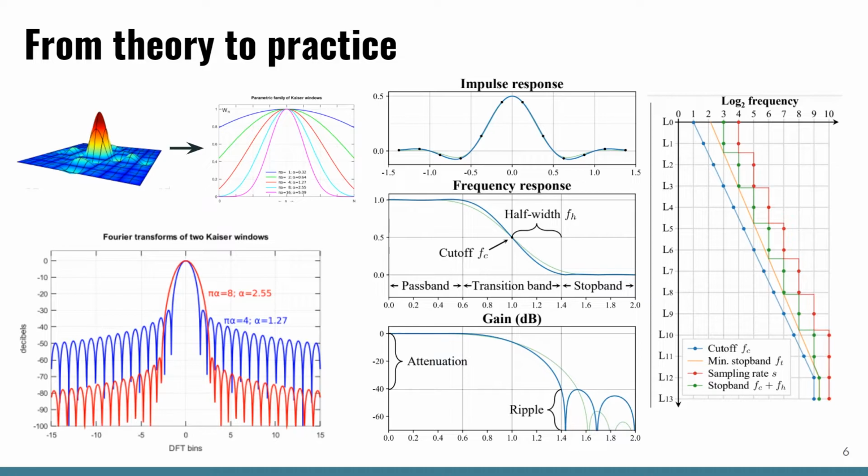It is so that we can follow the Shannon-Nyquist theorem, which is why the stop band here represents Fc plus Fh. So if you remember, Fc is the cutoff frequency, where we have divided the frequency by 2, and Fh is the width, which means it is the size of the window after which we consider that we have reached a correct attenuation, in that case, minus 100 dB.